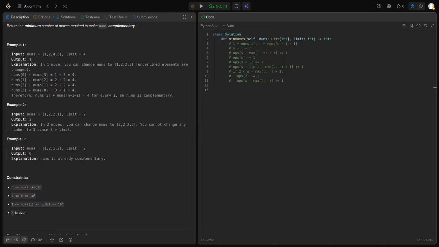So for nums, then ops, if... because if it's like 3 and 5, I can lower by the max of them, right?